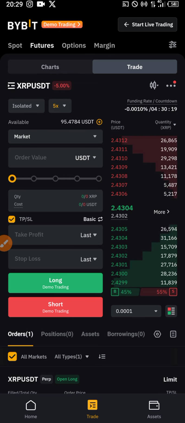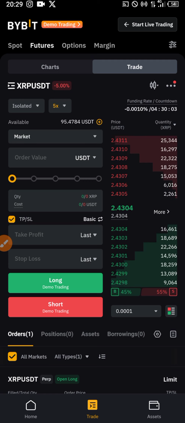Now, how is this calculated? Let's say the taker fee is 0.075% of the trade value.